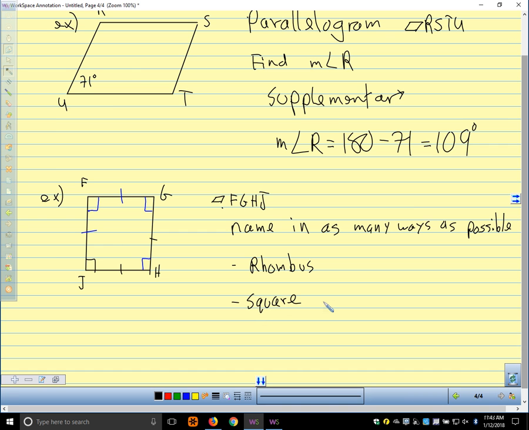Well, it also has four right angles. It's a parallelogram with four right angles, so what does that make it? A rectangle. And then the most general thing, just because it has four sides, it's a quadrilateral.